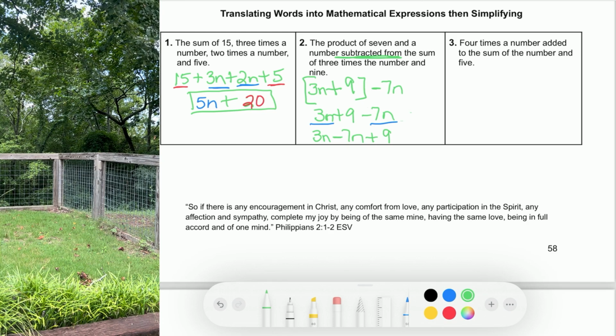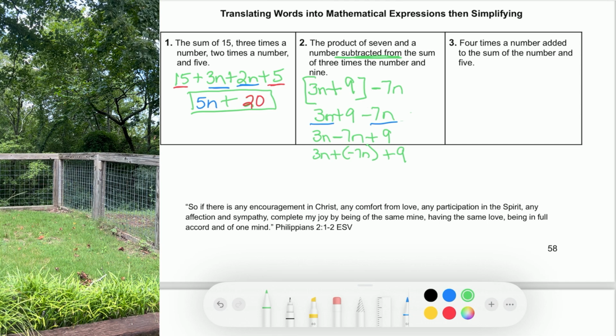So whatever sign is directly in front of something, take it with it, okay? Now the reason I did that is so that I can actually do my keep, change, change. So 3n plus negative 7, and then keep the plus 9 the same. Okay, I didn't change the value of the problem. I just shifted some order so that I could actually work on combining.